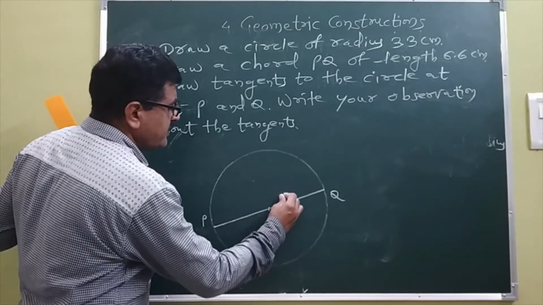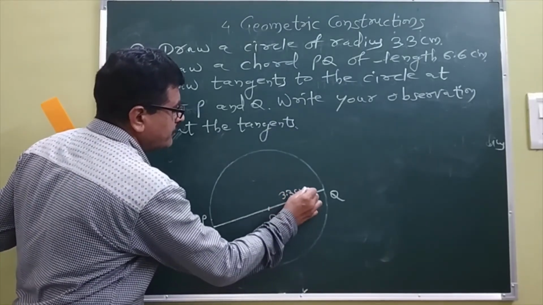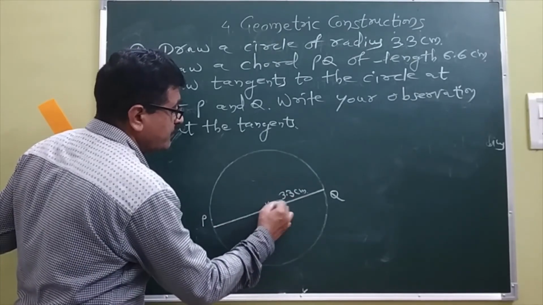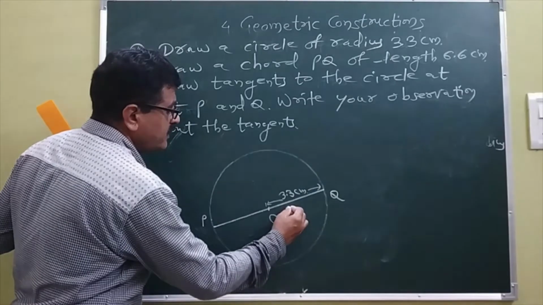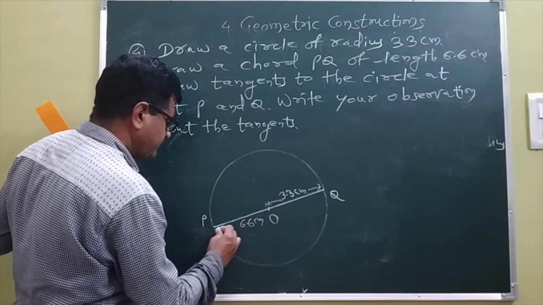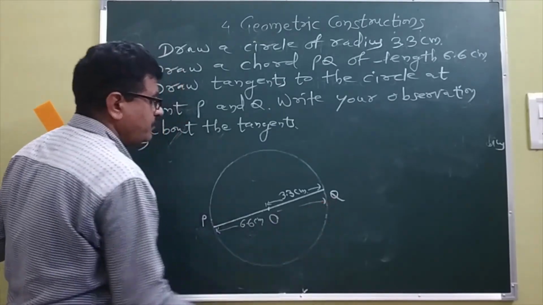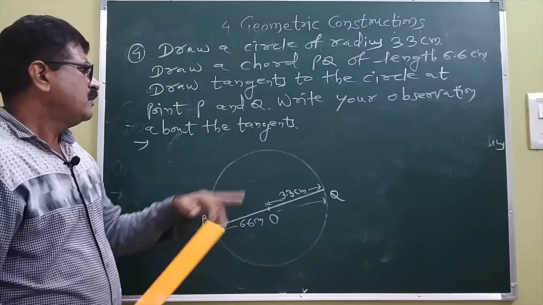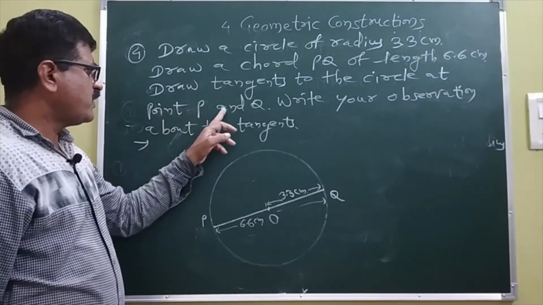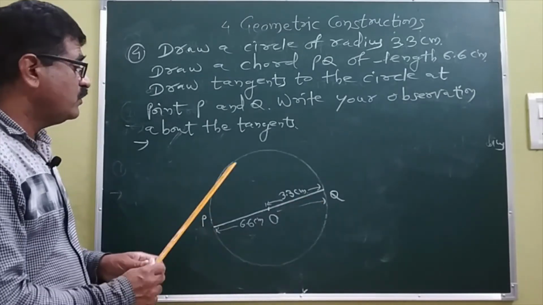The radius is 3.3 centimeter and the chord is 6.6 centimeter. This is the chord. Now we have to draw tangents to the circle at points P and Q.